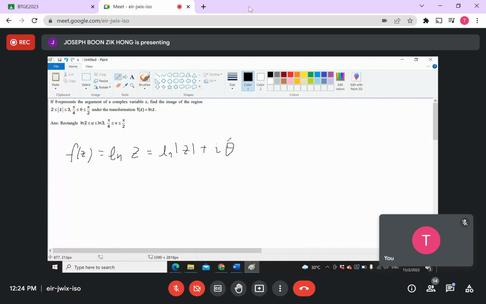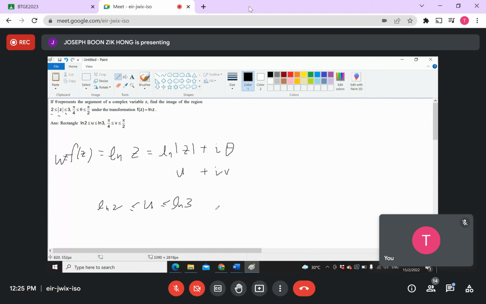So that means now your z is between 2 to 3. So that means u plus iv, because this is w. So your u is equal to ln of the modulus of z. So ln of the modulus is between 2 and 3, so that means your u is between ln 2 and ln 3.